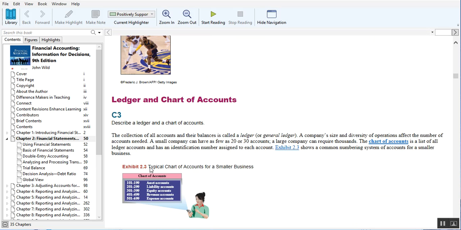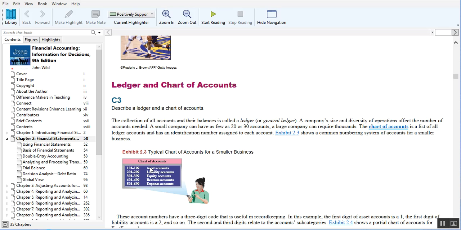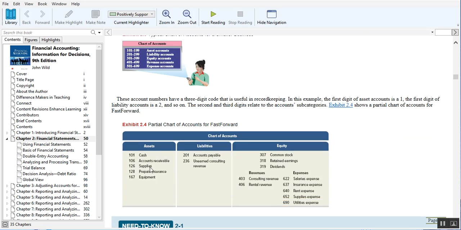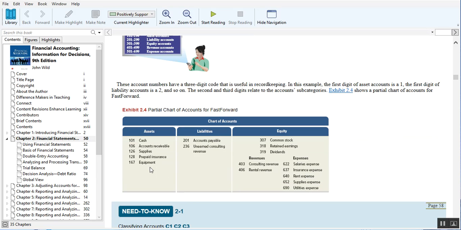We have also a way of basically organizing these accounts. We're going to call it the chart of accounts. And in the chart of accounts, you'll see this many times in a business, where they have asset accounts. They'll number systematically.